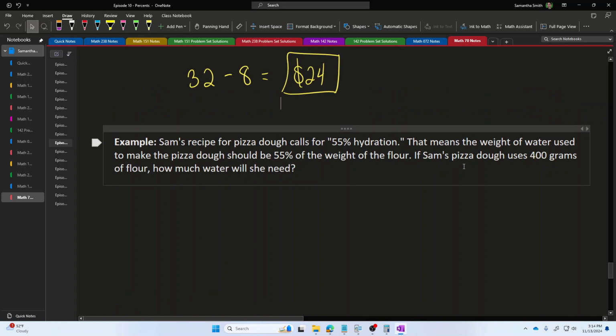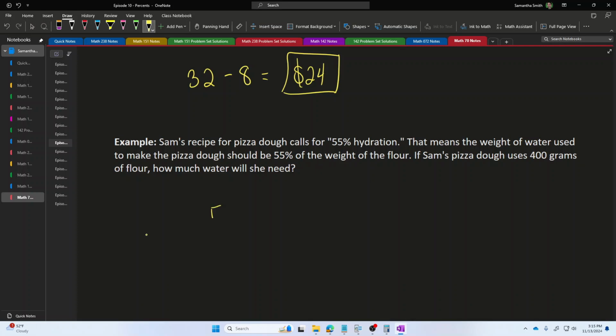And then the recipe says however much flour you use to make your pizza dough, put in this amount of water that is equal to 55% of the weight of flour. So if I use 400 grams of flour and the amount of water should be 55% of that, how many grams of water do I need to add to make my pizza dough?